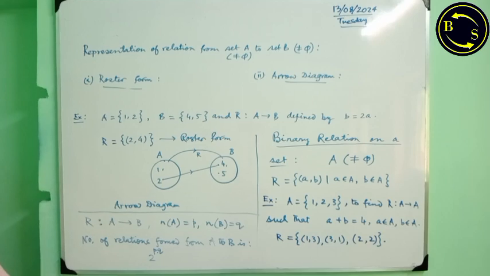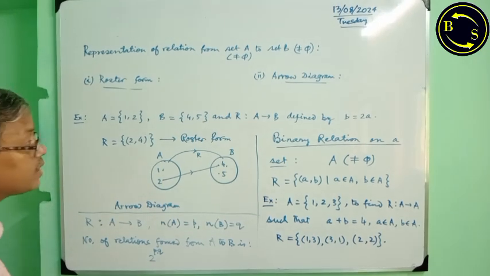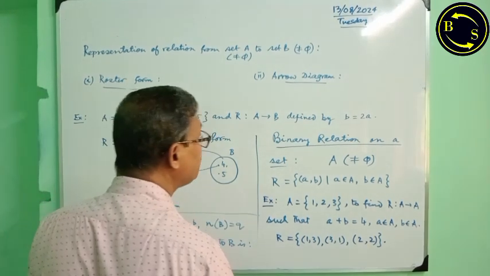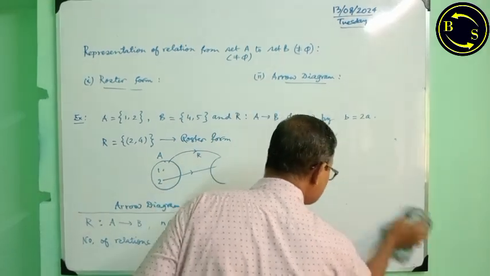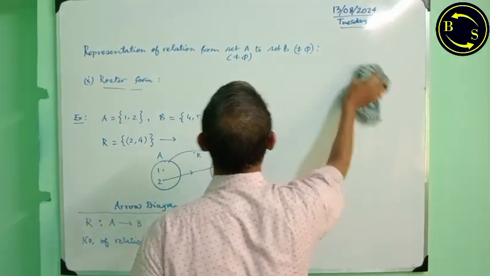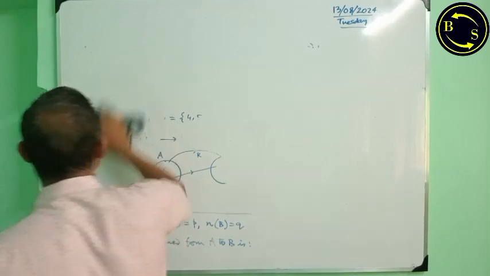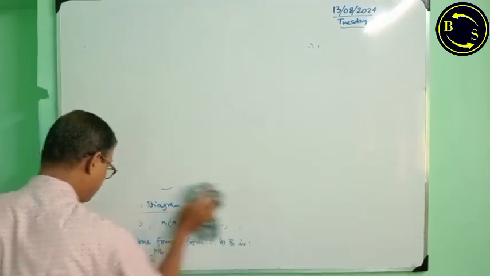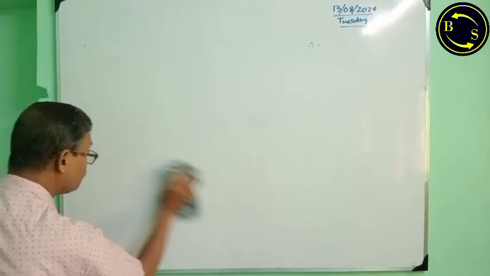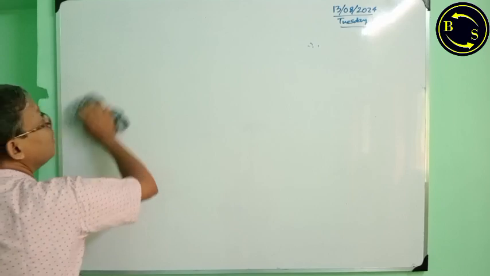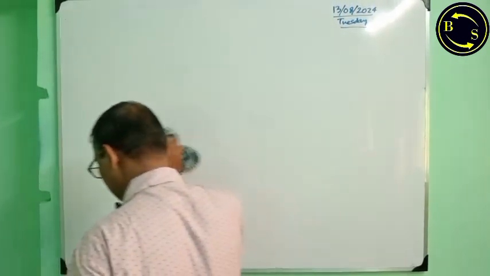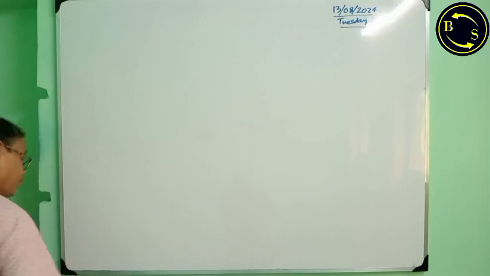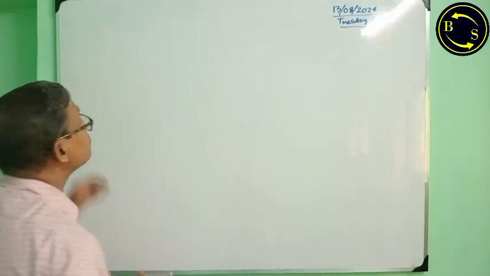Now, relations or binary relations on a set, generally we consider relations where domain and range both will be subsets of the set of reals.